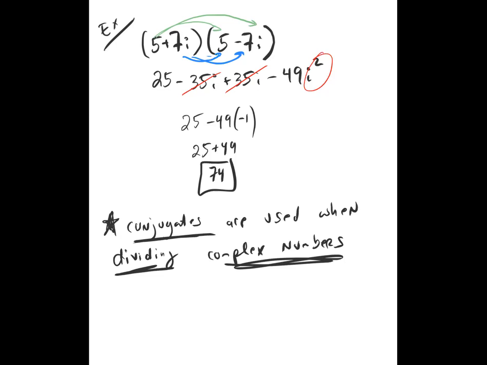So let's take a look at an example. Right, we want to simplify 2 minus 5i over 1 minus 6i. One thing to understand is that we never want a complex number in the bottom.